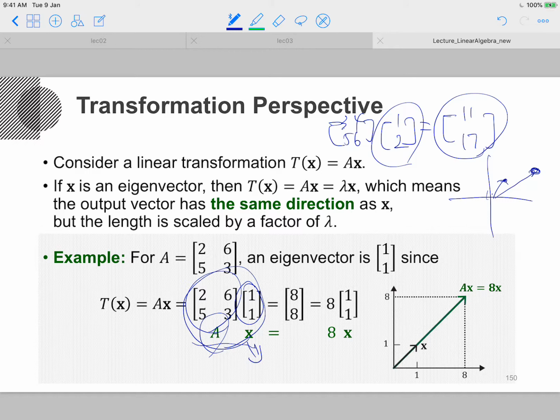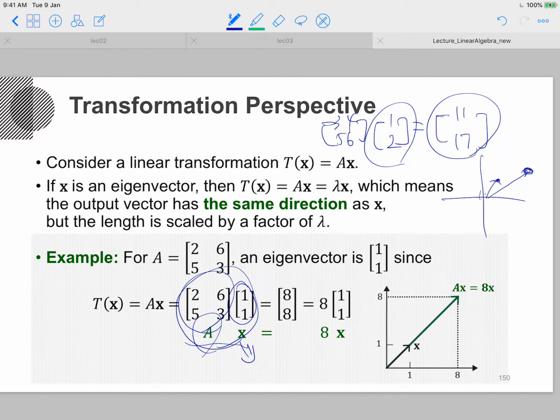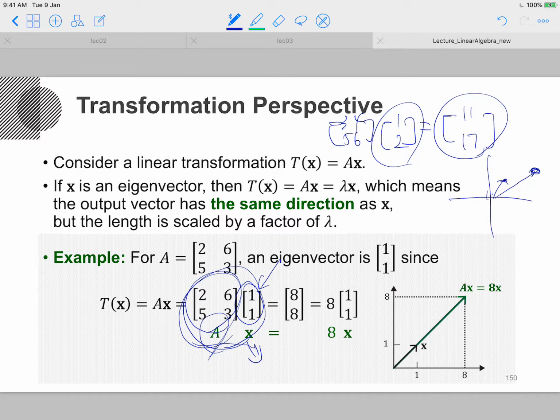But in the case of an eigenvector, even after being multiplied with the matrix A, the resulting vector should have the same direction as the original vector. So that's why we can represent it as the scalar multiple of the original vector. Okay, so that's the intuitive meaning of the requirement to satisfy in the case of an eigenvector and eigenvalue.